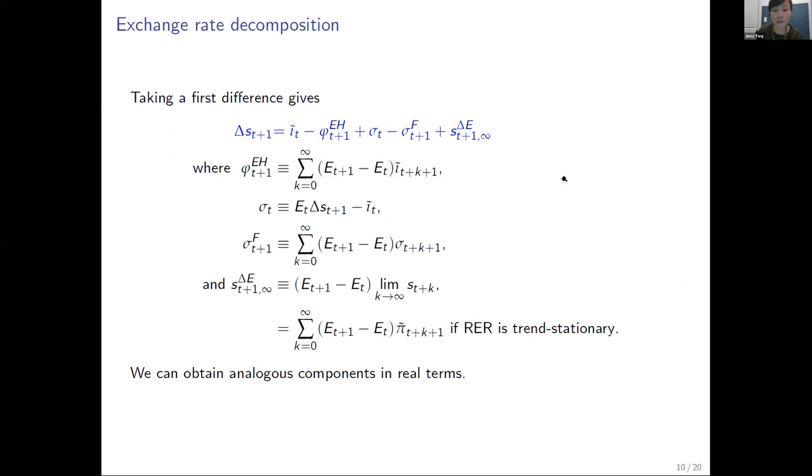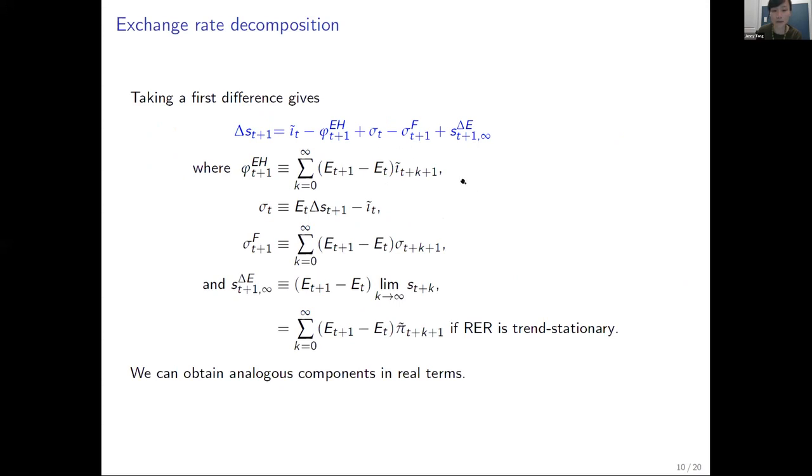This decomposition breaks it down into terms that are related to past relative nominal interest rates, as well as expectations over the entire future path of these relative nominal interest rates.